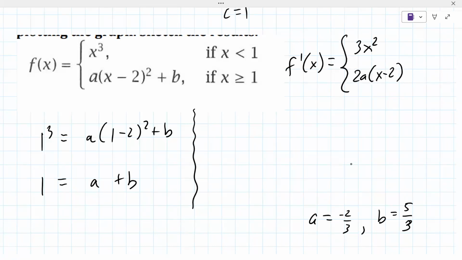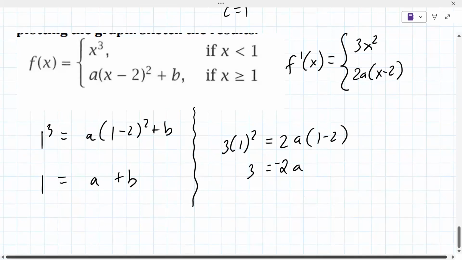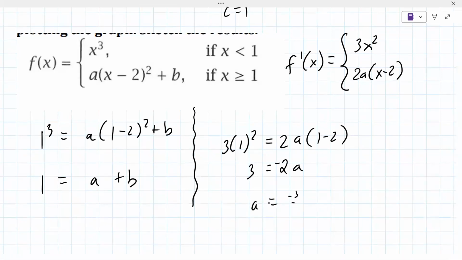Good, I think I'm forgetting something. No, that's not right. Now put 1 in, so it's 3 times 1 squared. Notice when I substitute, I put in parentheses: 2a(1 - 2). So we have 3 equals negative 2a, sorry. So your answer is the reciprocal: a is -3/2.